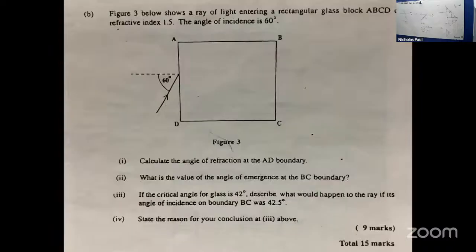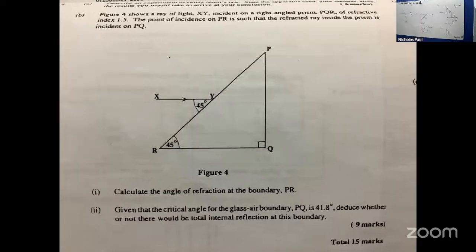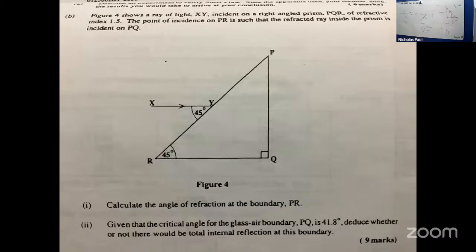All right, first one, we have four to do, so let's work fast. So what do you see, right? Figure 4, what's the question there?